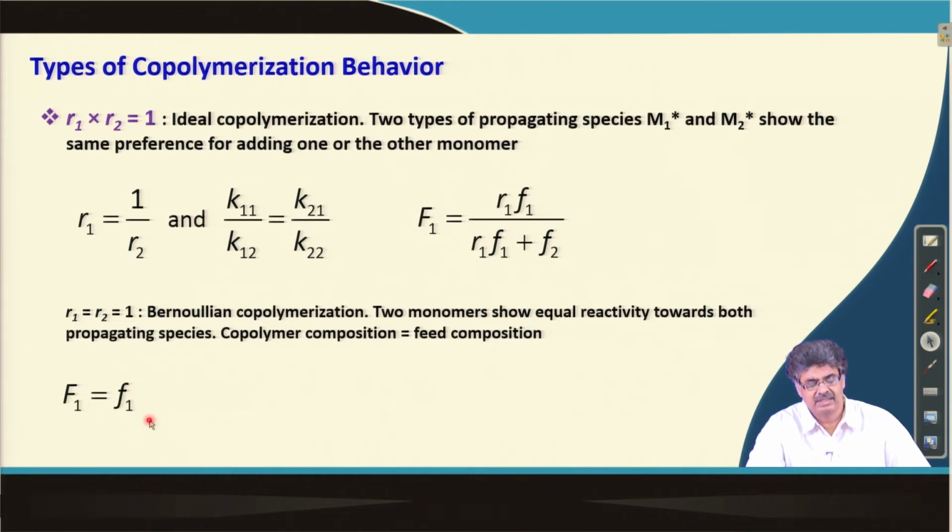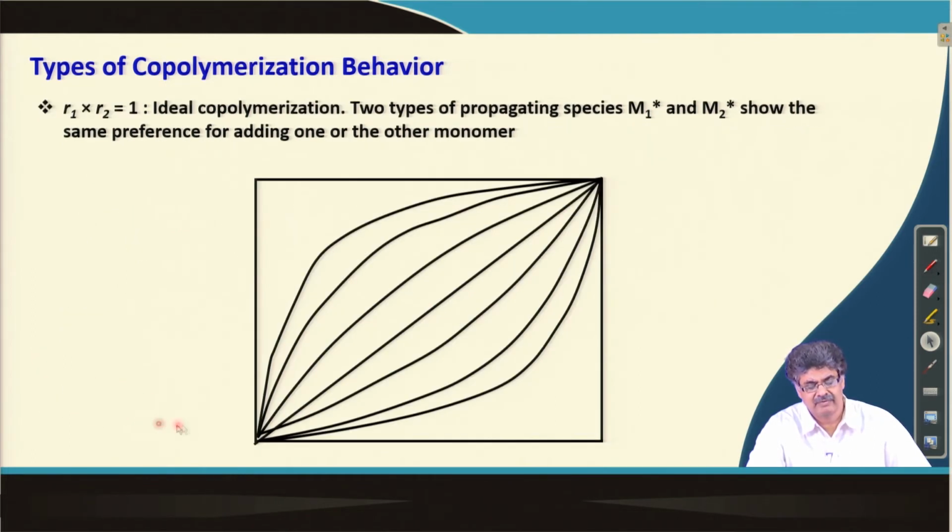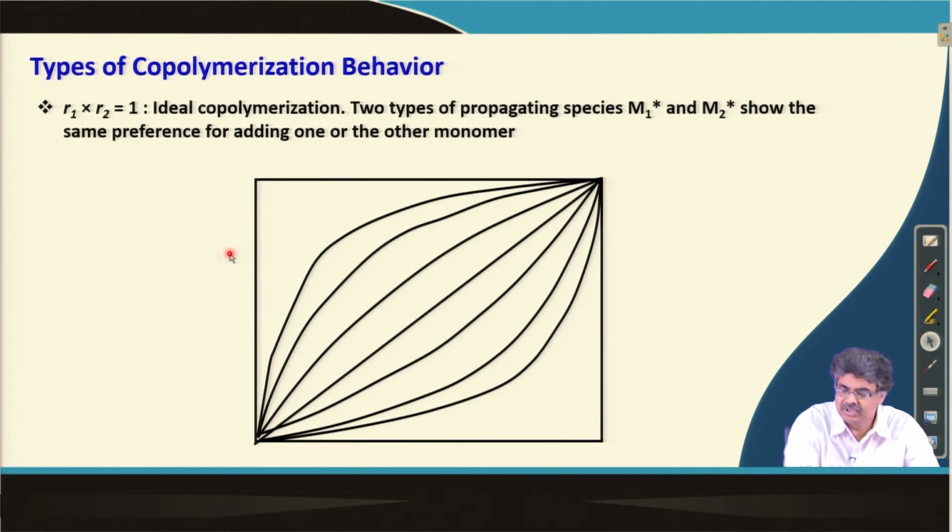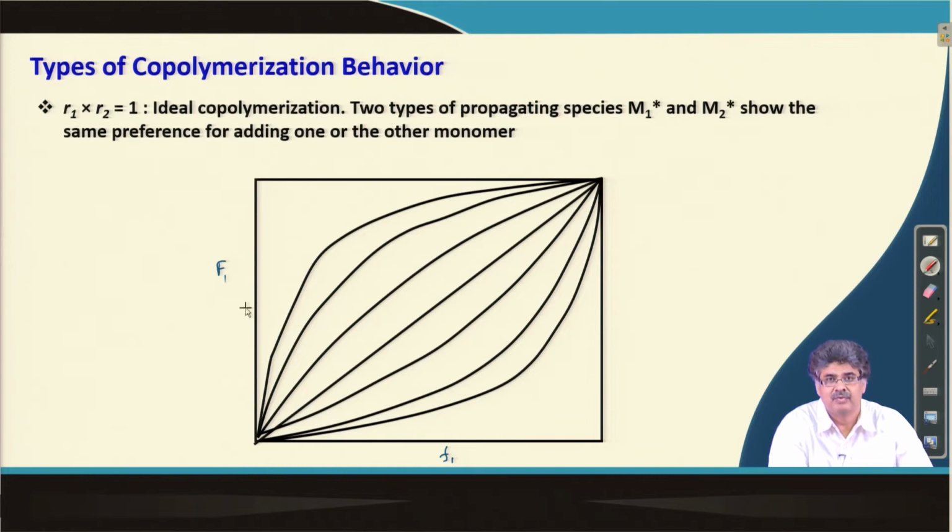So, F1 is equal to the small f1. If I plot F1 versus f1, this is the monomer mole fraction in the mixture and this is the mole fraction of monomer 1 in the copolymer. So, this is the case where r1 is equal to r2 is equal to 1.